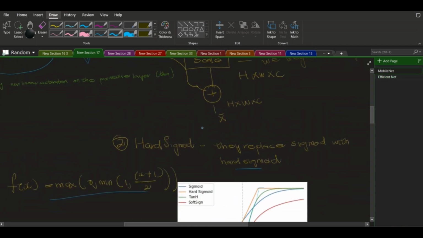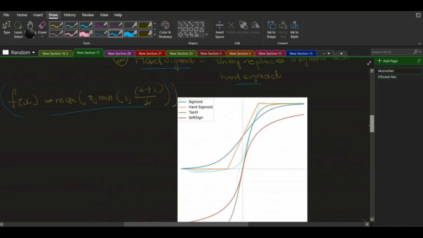Then coming now to the detail of the paper, what they did was to introduce hard sigmoid. So they replaced the sigmoid with hard sigmoid, mainly because these sigmoid operations were quite expensive, so they introduced latencies. So this is how hard sigmoid was introduced, like so, right?